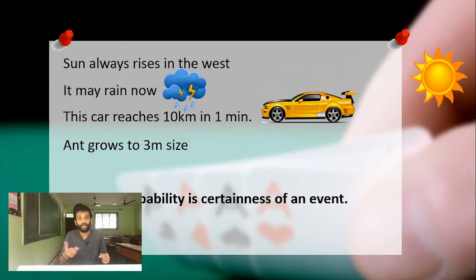So that 90% or that 10% is the certainness of an event. And what is that event? The event is lifting that cylinder. I hope the basic idea of probability is very clear.